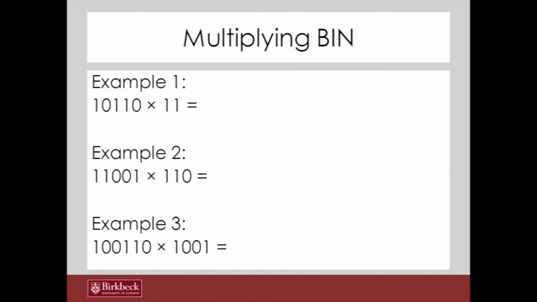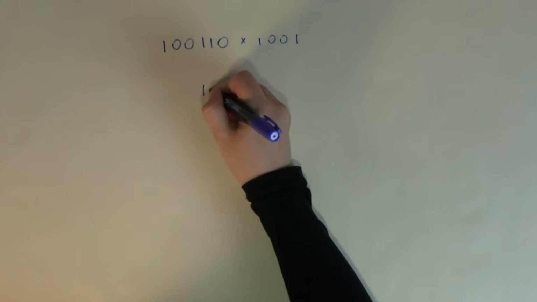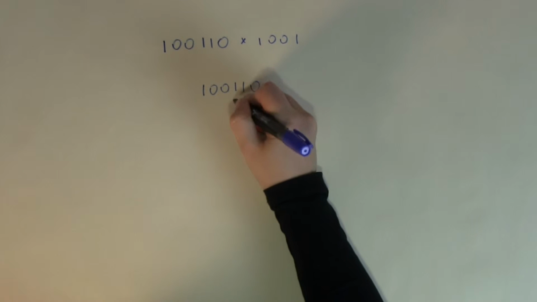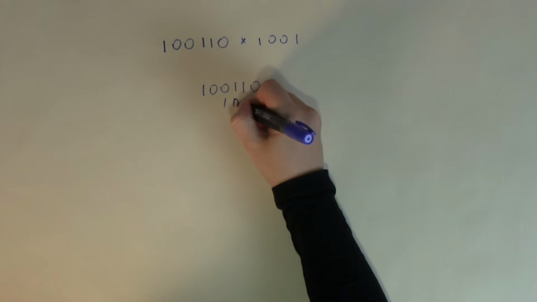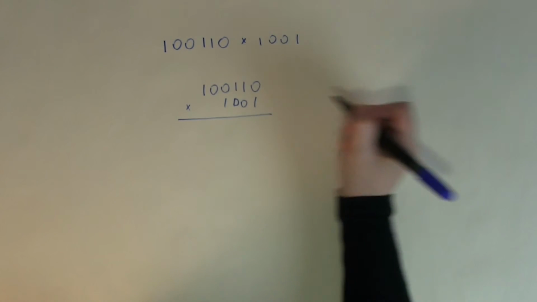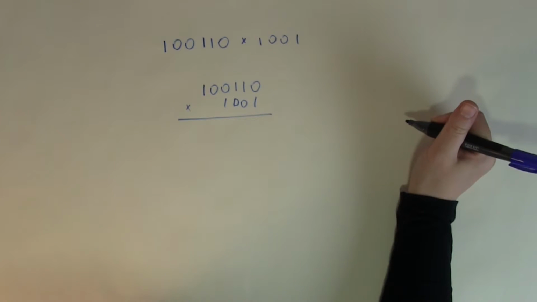The third example, 1, 0, 0, 1, 1, 0 multiplied by 1, 0, 0, 1. So again, write them underneath. And then carry out the multiplication again digit by digit.